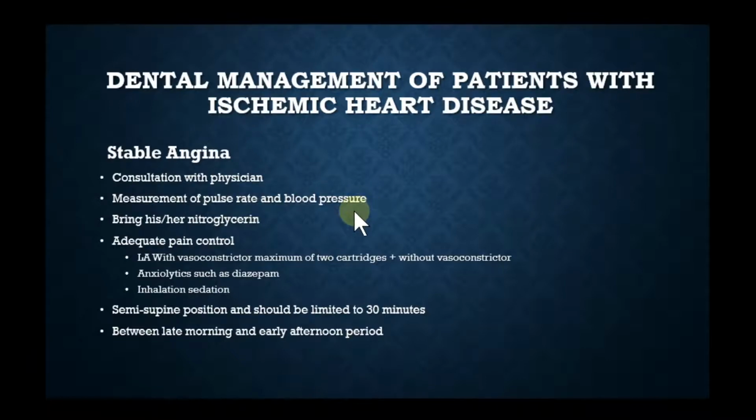We ask the patient to bring his or her nitroglycerin, the sublingual GTN tablet, to be used before the dental treatment as a prophylactic measure, or sometimes the patient is asked to use it when the symptoms of angina come during the dental procedure.